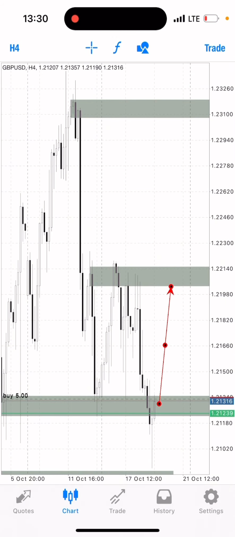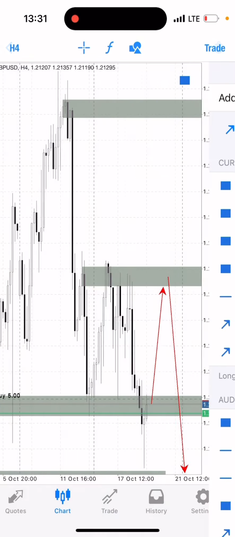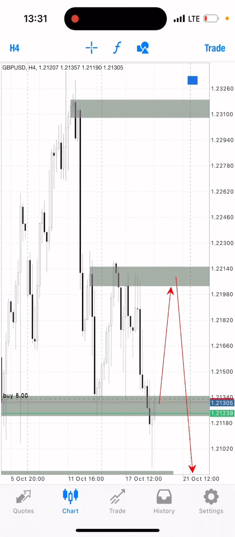Okay, so I'm expecting the market to move to this level and then continue, maybe break this level here and then go to the upside, or the market comes to this level and then reverse back from this level to this level down here. Okay, so the reason why I entered this trade with big lot size is because I've confirmed this trade. So we see this strong rejection here.